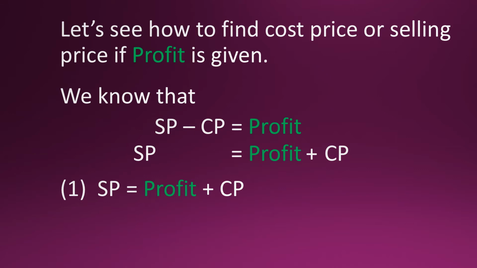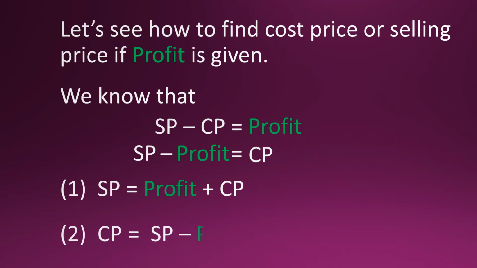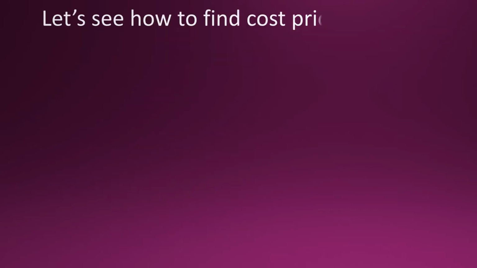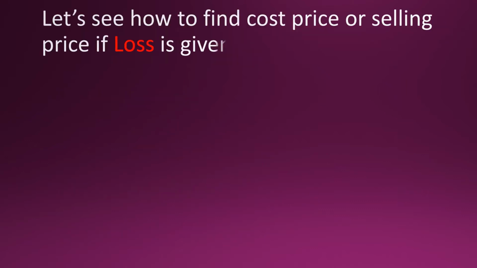To find the value of CP, take plus profit to another side of the equal to sign. It becomes minus profit. So the second formula is SP minus profit is equal to CP, or CP is equal to SP minus profit.